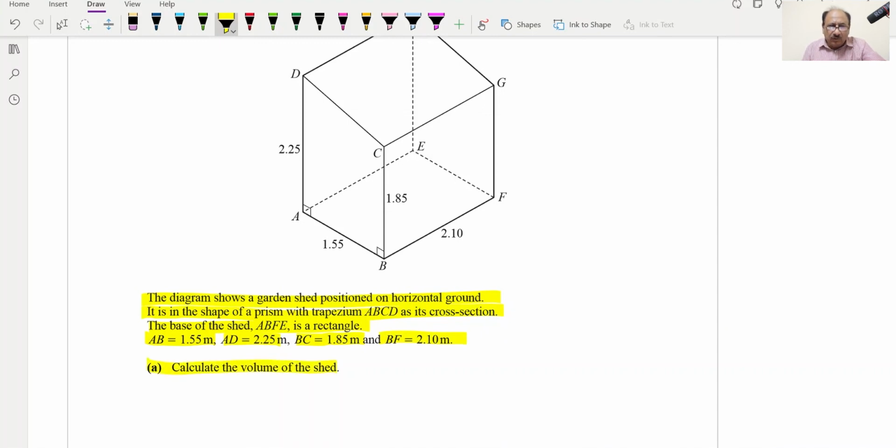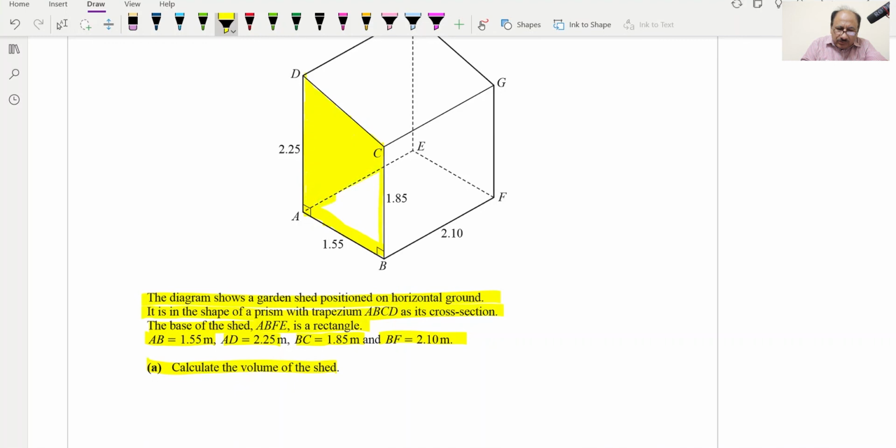To calculate the volume of the shed, we can apply the trapezium rule, and what we will be doing, we will be applying the trapezium rule on this trapezium, and then this will be the face area. So face area multiplied by length will give us the volume of this shed.